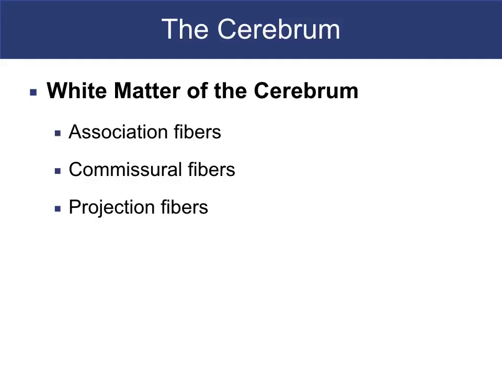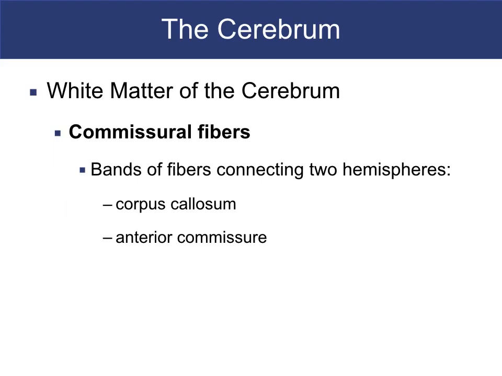And there are projection fibers that carry signals up from lower areas in the brain. Enough said about that. The 2 major sets of commissural fibers that you should be able to identify are the corpus callosum, the big one we talked about, and the anterior commissure, which is the smaller one.